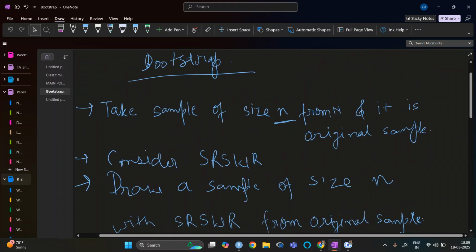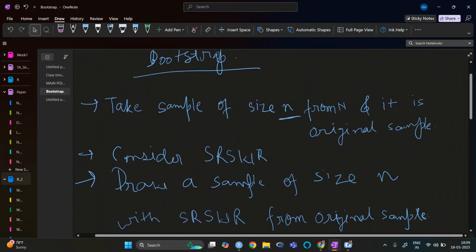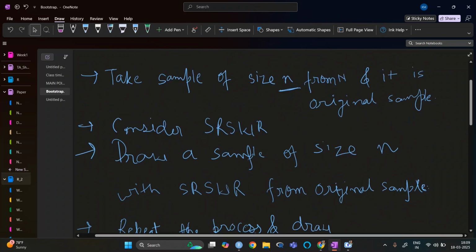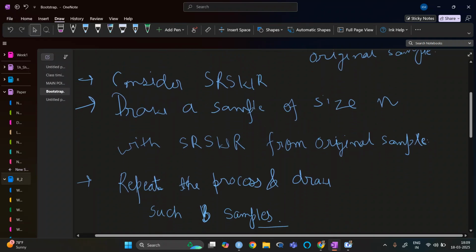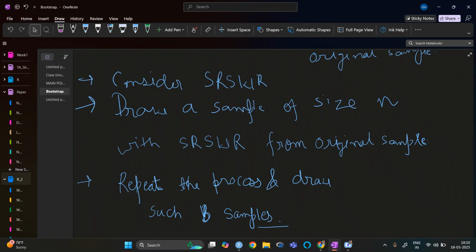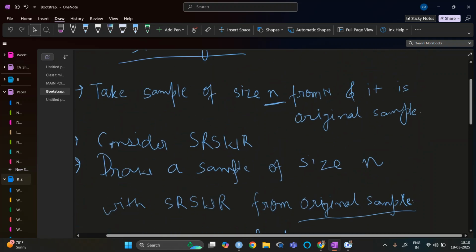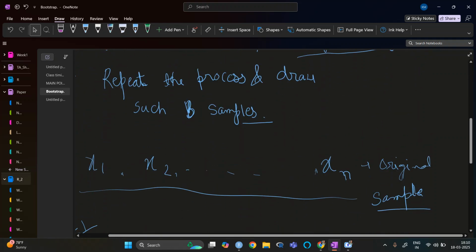So this is the methodology given here: take a sample of size n from the population, and it is the original sample. Consider SRSWR. Draw a sample of size n from the original sample.